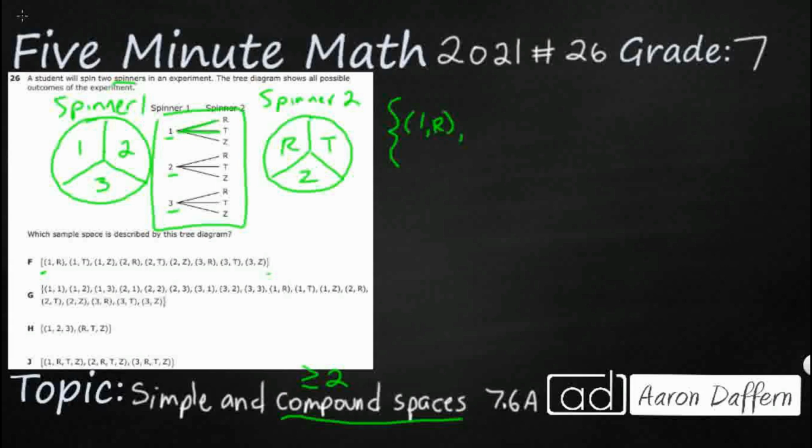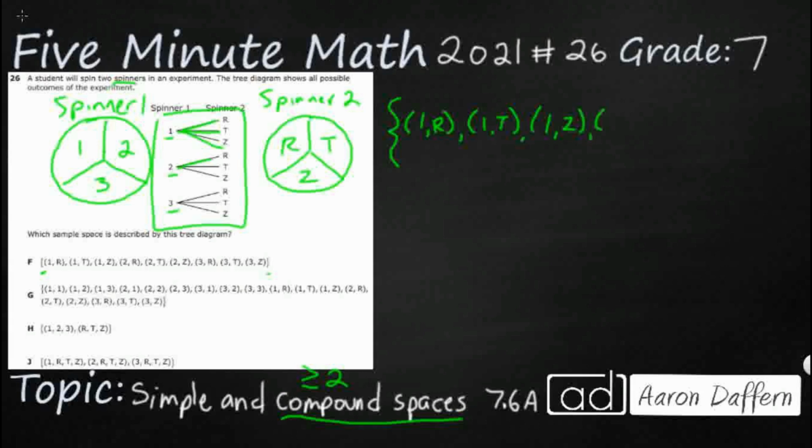Then I could do a 1 and a T, and then a 1 and a Z. At that point, I'm out of my ones, and I'm just going to repeat the pattern with the R, T, Z, but start with a 2 instead of a 1.